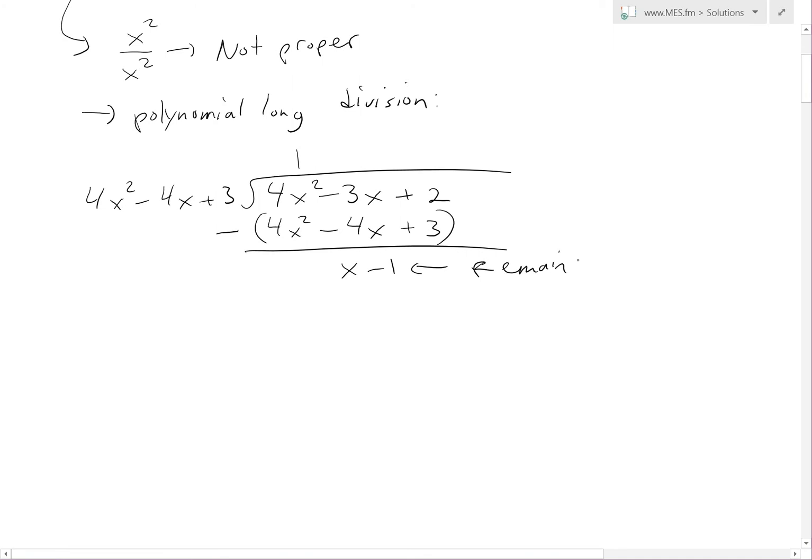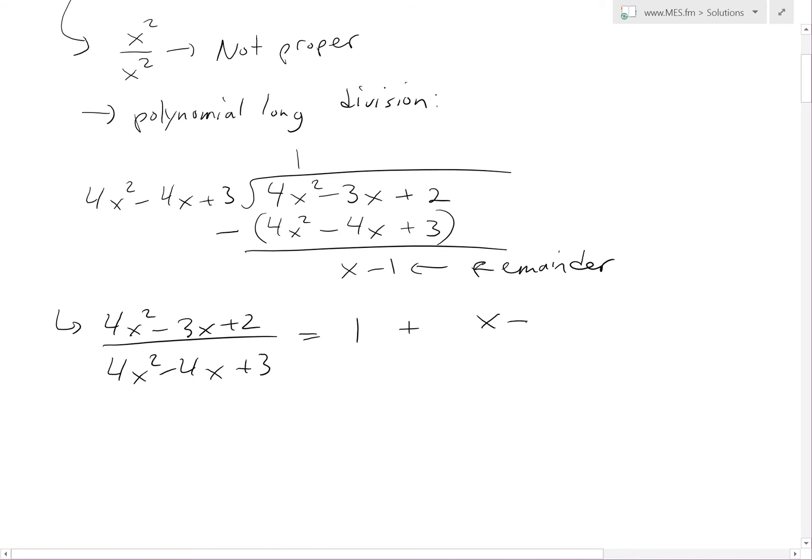What this means is that our rational function is basically equal to 1, plus the remainder x minus 1 divided by 4x squared minus 4x plus 3.